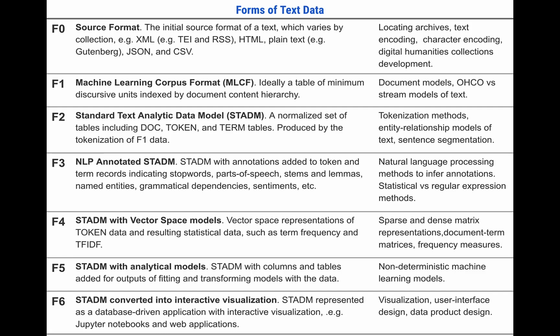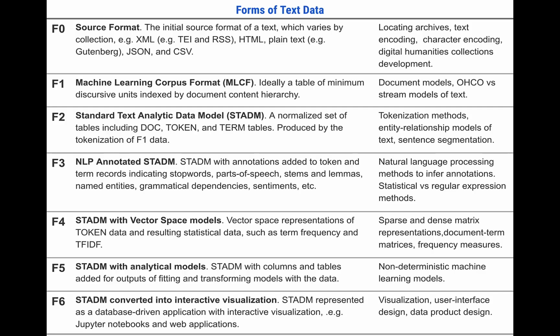What we're looking at today, and what we just looked at, is what I call F2, form of text level 2, which I also call the standard text analytic data model. And this is a normalized set of tables, including the document, token, and term tables, as well as the library table that I showed you. And it's often produced by the tokenization of F1 data. F3 data is built on F2, where we add annotations, NLP annotations, to the data. We're going to look at some of that this module.